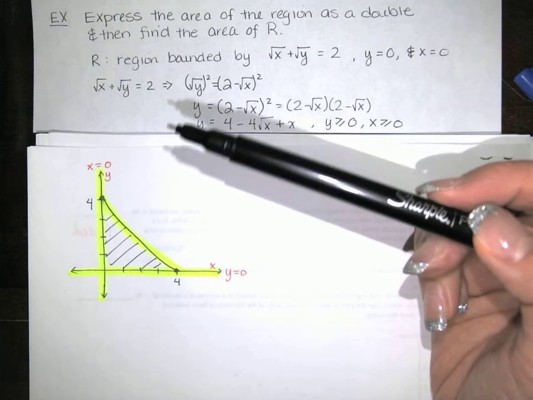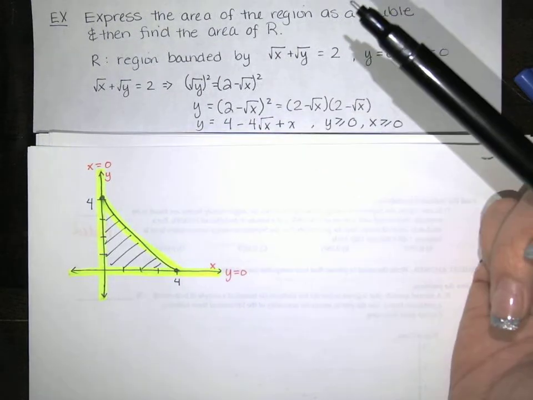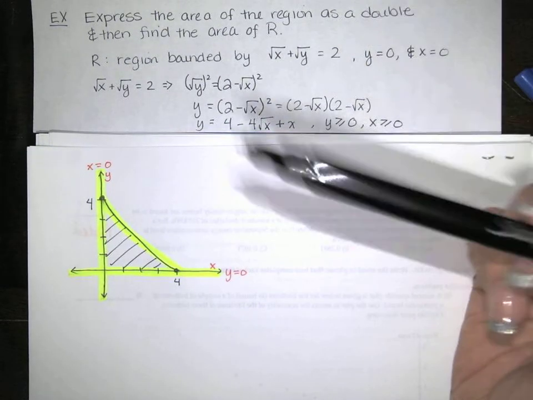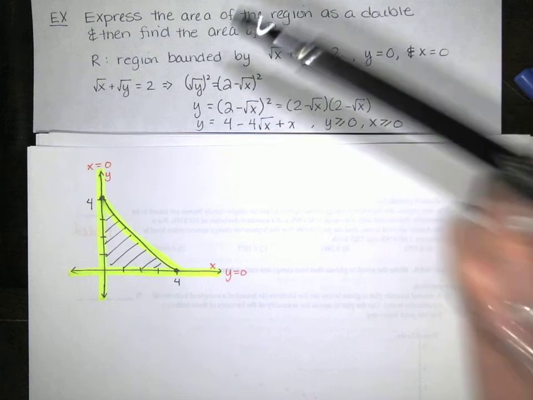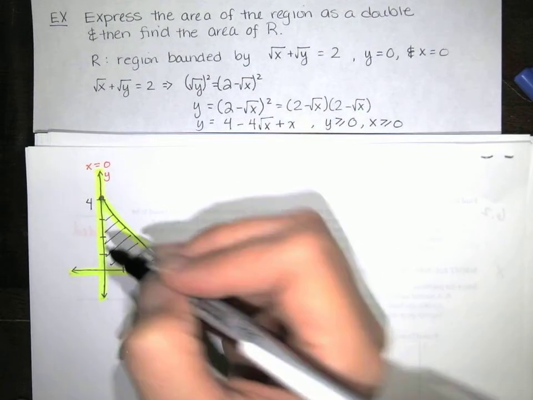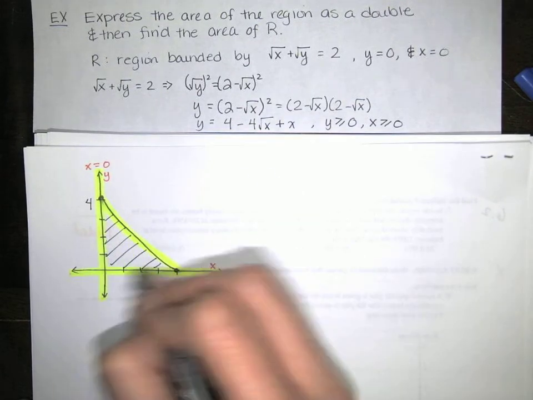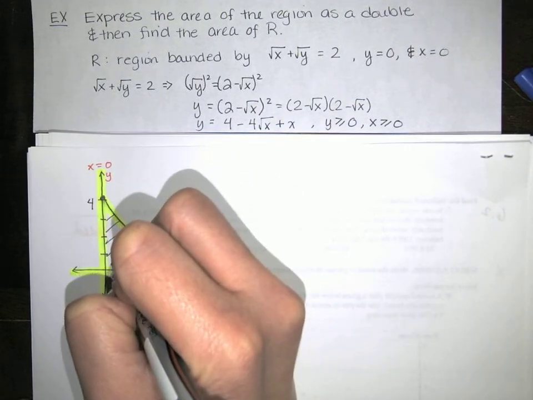The way this looks, I can write this as an integral with respect to x first and then y, or with respect to y first and then x. Either way will be fine, because if I draw my rectangles vertically or horizontally, the rectangle will have the same bottom function and the same top function the whole time.